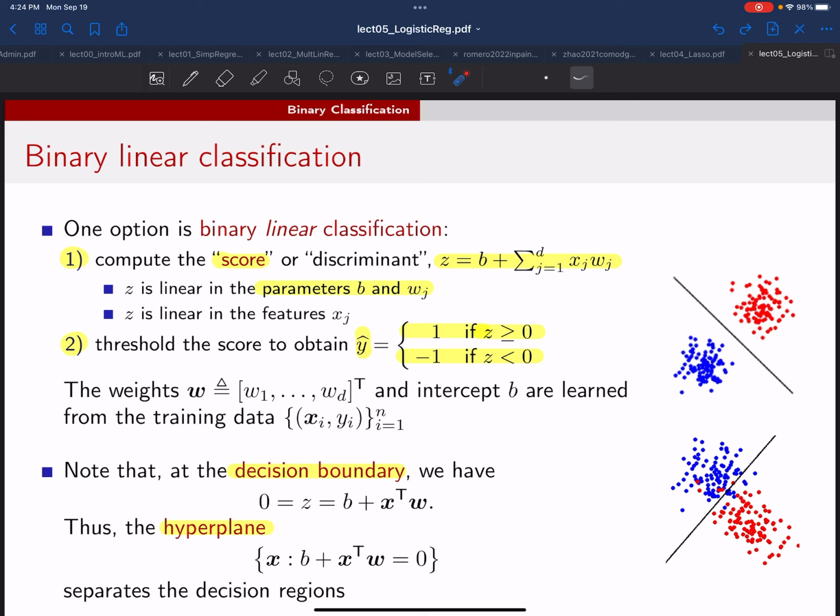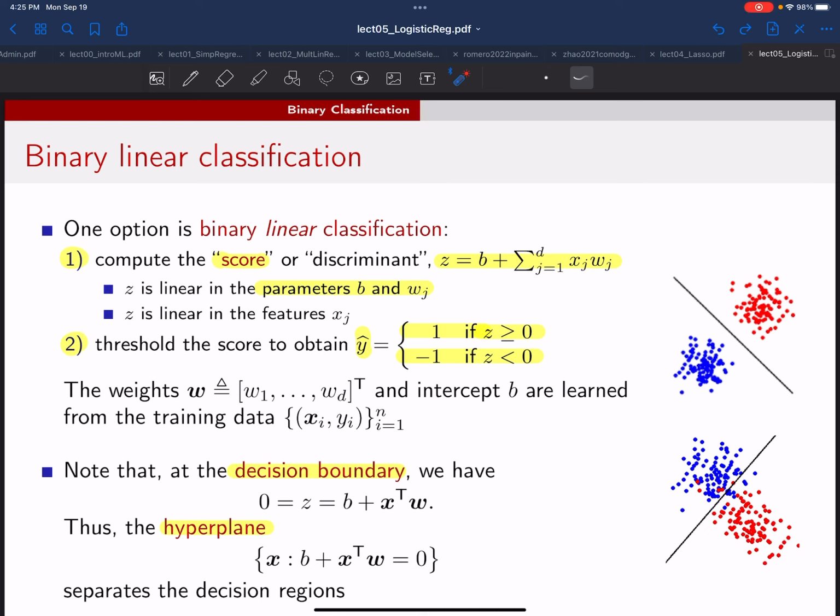Okay, so essentially, when we do this binary linear classification, the linearity is really coming from 2 places. First, it's about the score, and the score is linear in the parameters. Right? So if I change any of those parameters, you'd see a linear change in z, or if you changed x for fixed parameters, you'd also see a linear change in z. And this linearity in x is what causes the decision boundary to be a line.